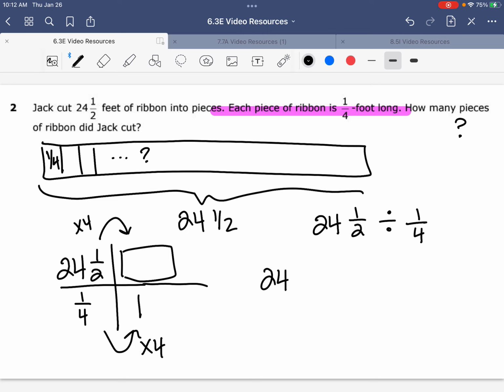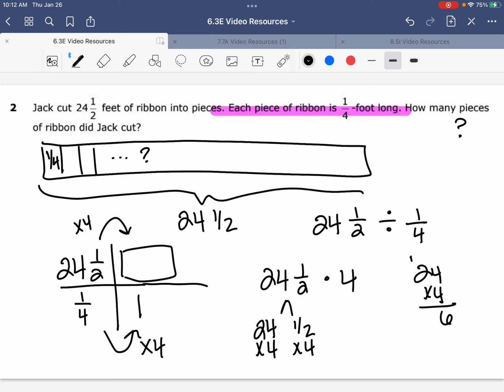So 24 and 1/2 times 4. And what that really decomposes down into is 24 times 4, and then 1/2 times 4. And 24 times 4, if I work over here, 4 times 4 is 16. 4 times 2 is 8, plus 1 is 9, so 96.